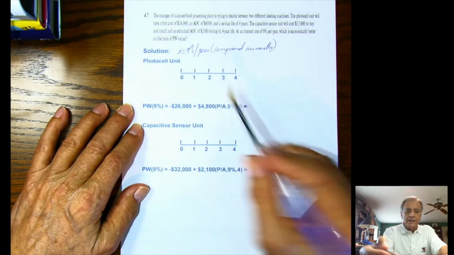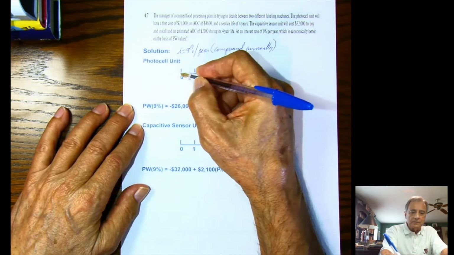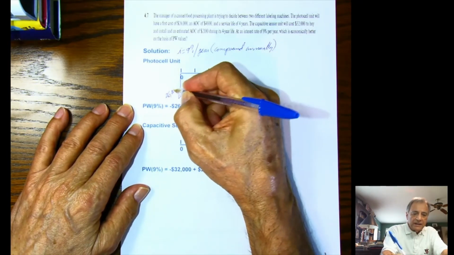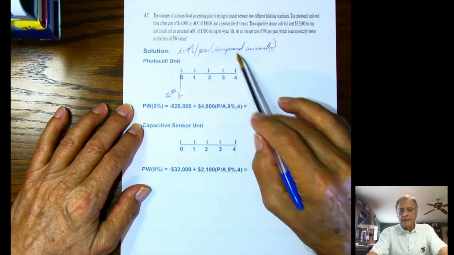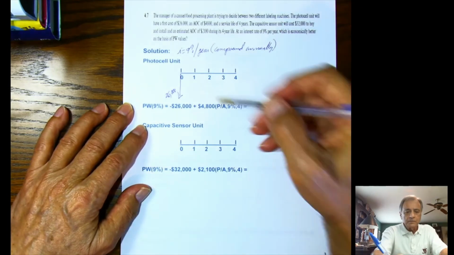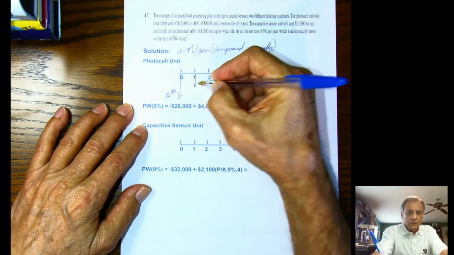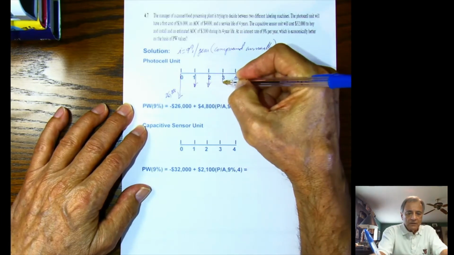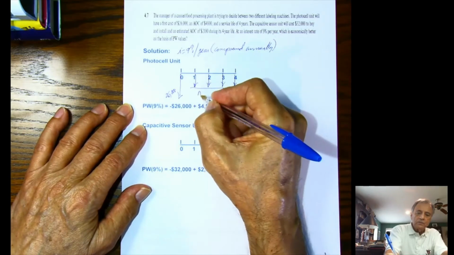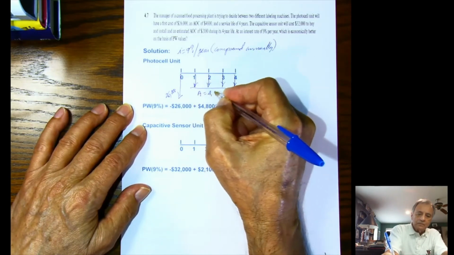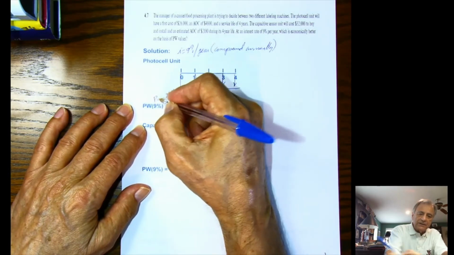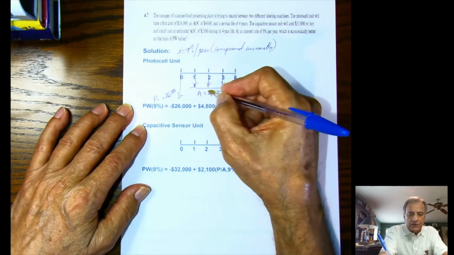That's the first one. It costs $26,000. So you have this 26,000 at time 0, and then the annual operating costs are $4,800 a year. And that's a uniform series. And both of those are actually negative. That's a P value and that's an A value. Both of those are negative.